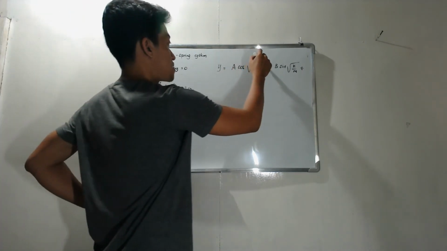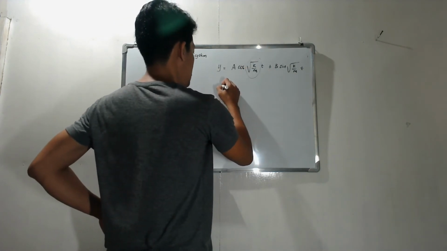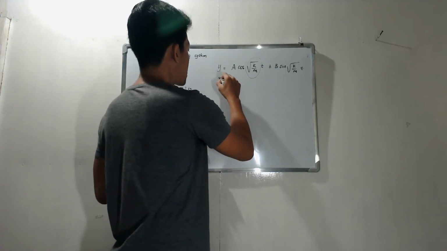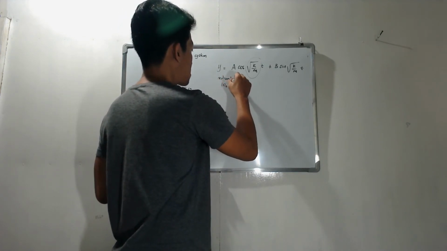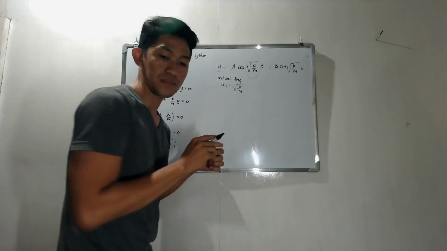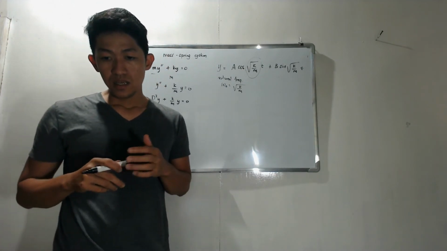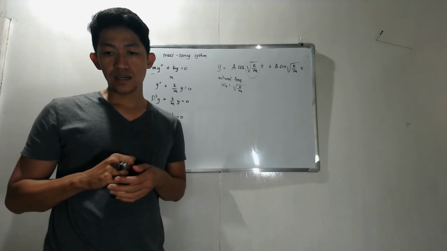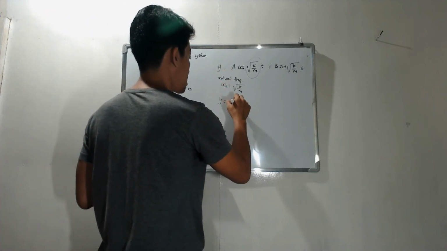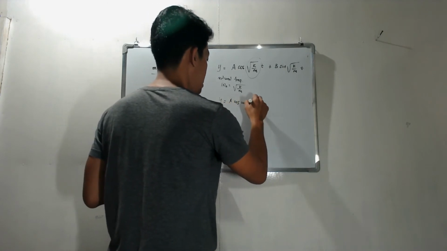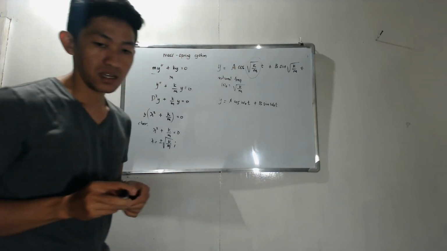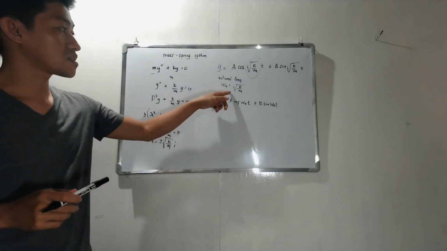Now this term, this is what we call the natural frequency, omega sub o, square root of k over m. So this becomes y is equal to a cosine omega sub o t plus b sine omega sub o t. This is the natural frequency.